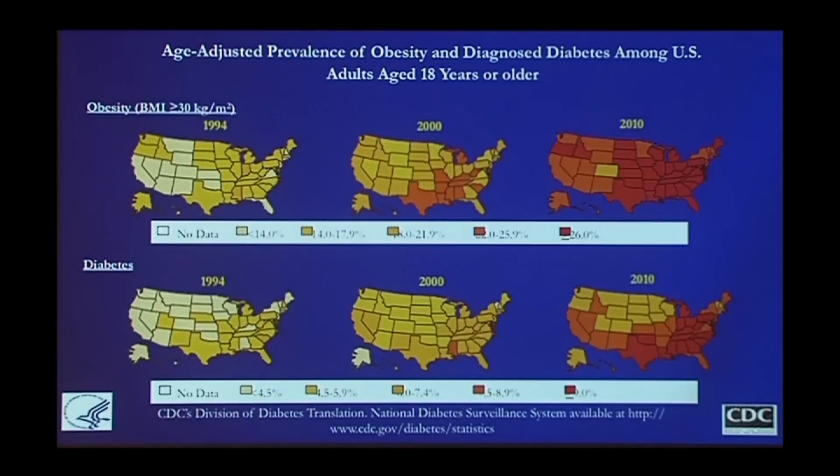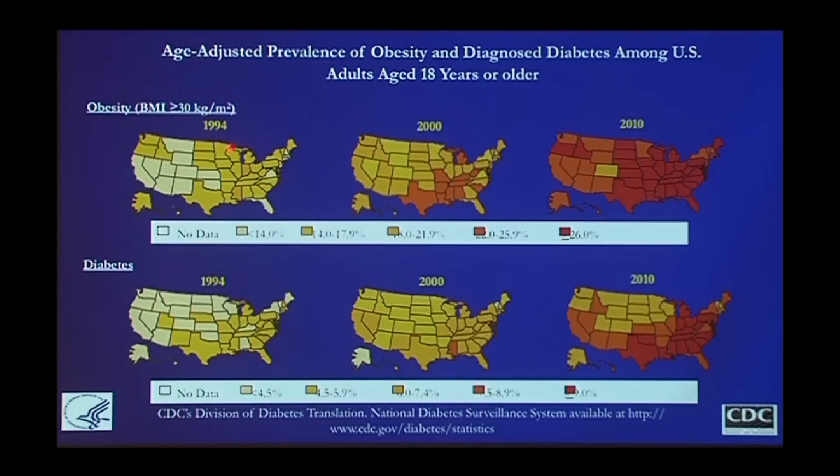costing billions of dollars. Now, when we look at why this might be happening, you may look at also obesity trends in the United States over the past decades. And in fact, what we see is that the obesity epidemic and diabetes epidemic parallel each other. So on the top is obesity, and as we get more red here is when prevalence is increasing.